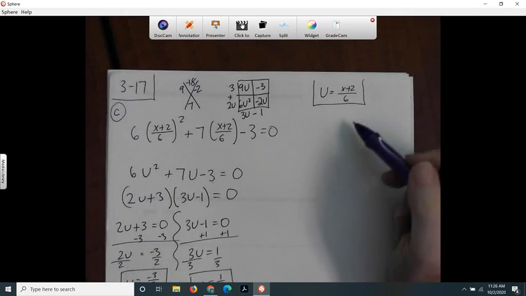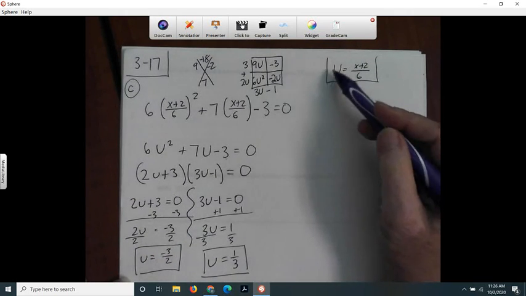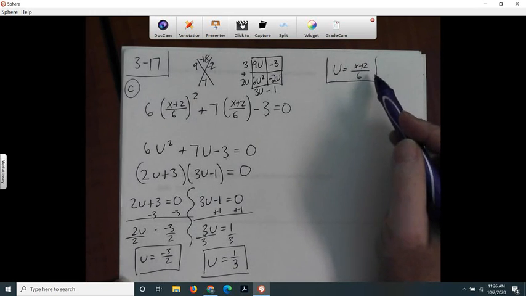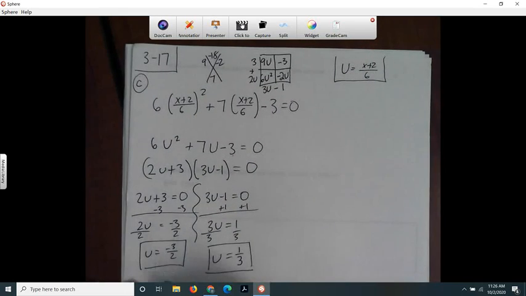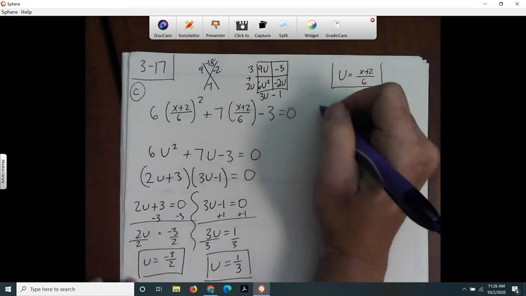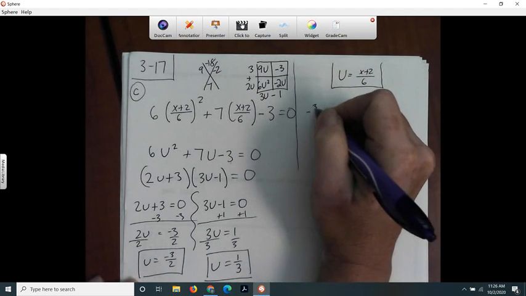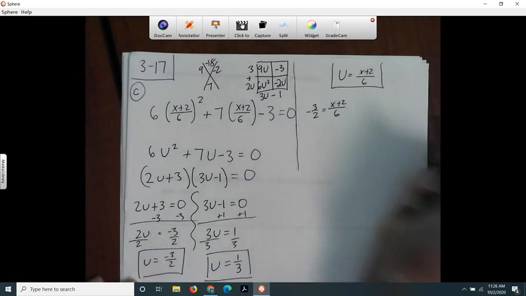Now if that's what u equals, I'm going to plug it in for u up here so I can find out what x is. Because remember, the original problem, we were trying to find out what x was. So negative 3 halves equals x plus 2 over 6. So how can I do this? I want to do cross products.